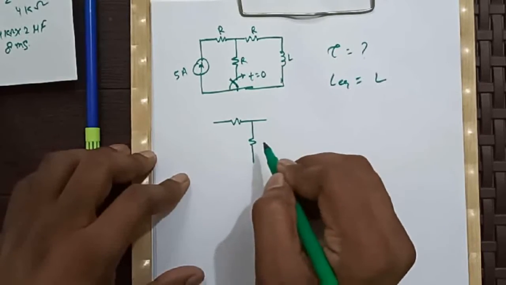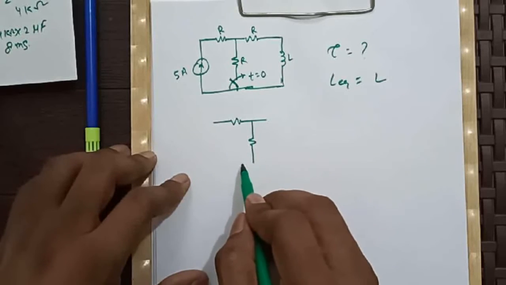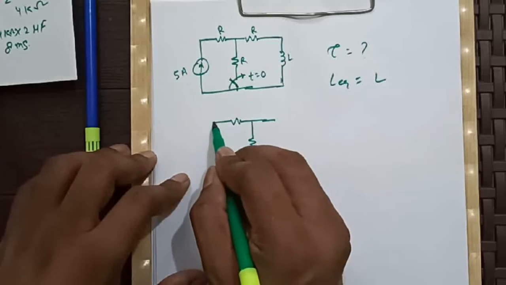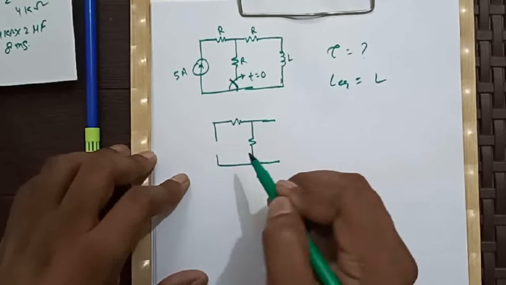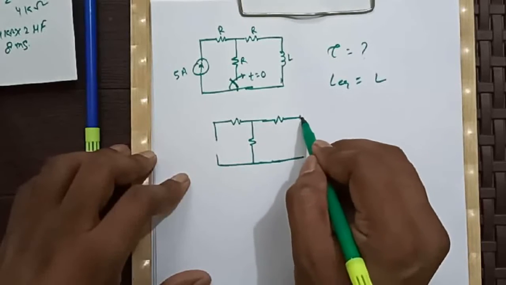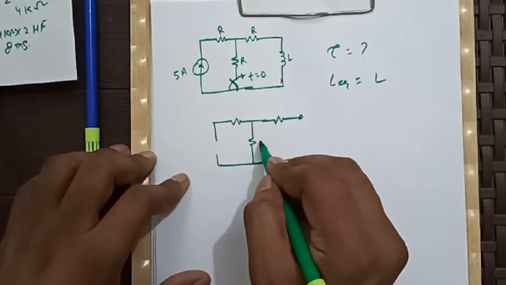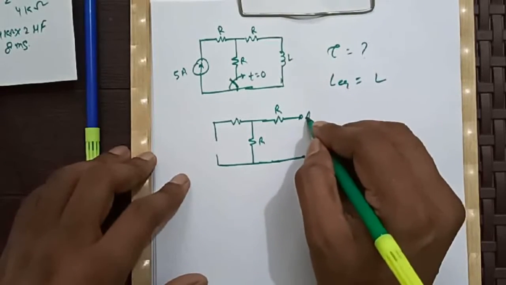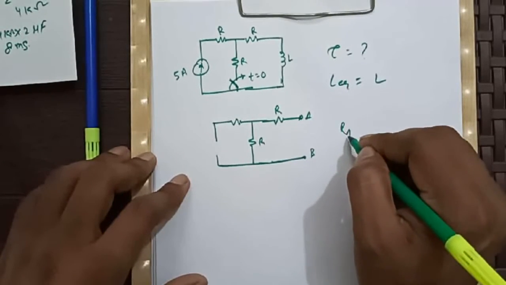Now open circuiting this, the circuit will get transformed into, now see, circuit will look like this. This is R, this is R. Now RAB, or equivalent resistance, will be what?